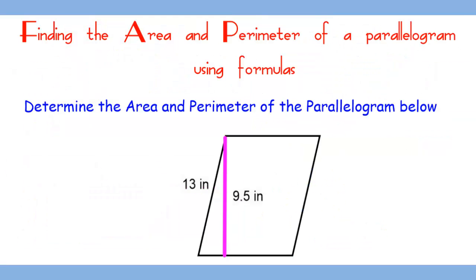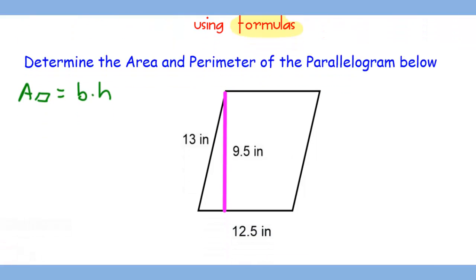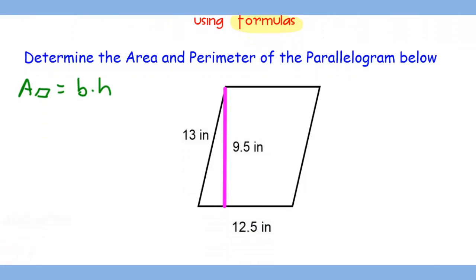In this slide, we will find the area and perimeter of a parallelogram using formulas. So as a reminder, the area of a parallelogram, which I'm drawing the little parallelogram right here, is base times height. So the first thing we need to do is to identify the base and height in the shape, which will be 9 and 12 in this case because they make a 90-degree angle.